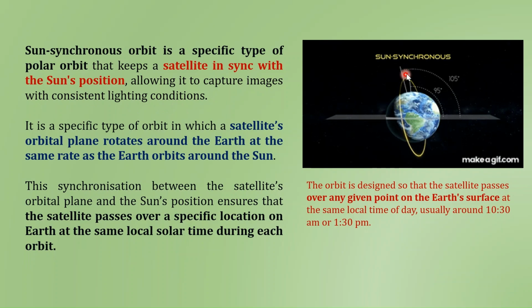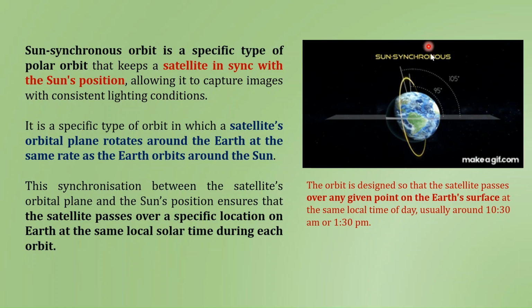Here we can see this particular orbit, which is nearly polar, and the angle of the orbit is maintained with respect to the sun position on the earth. And this is the specific type of orbit in which the satellite's orbital plane rotates around the earth at the same rate as the earth orbits around the sun.